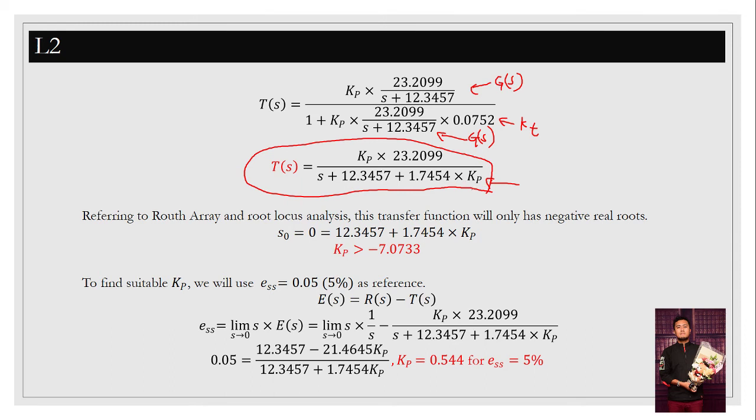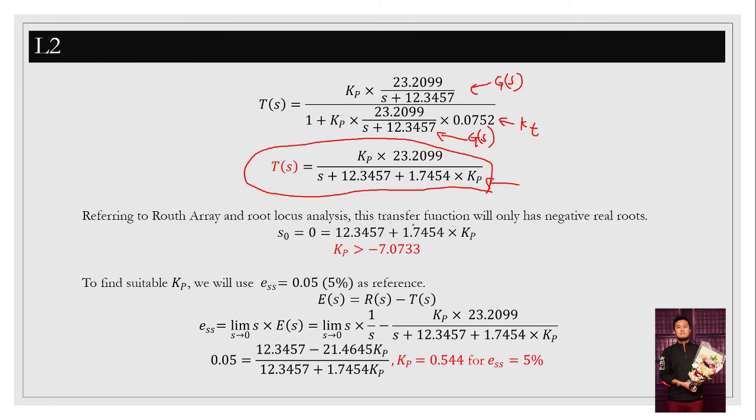So this Kp we are going to determine by using a steady state error, because this one is a first order system, so it is a bit difficult to use root locus and Routh array because we are not sure about the outcome.